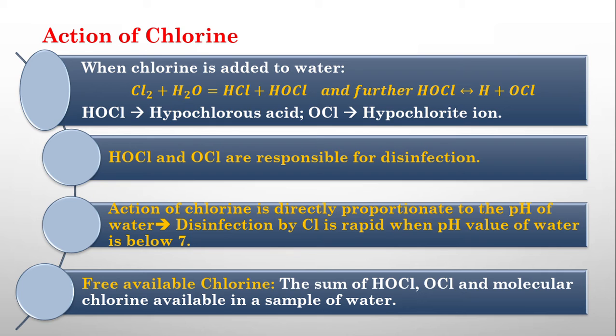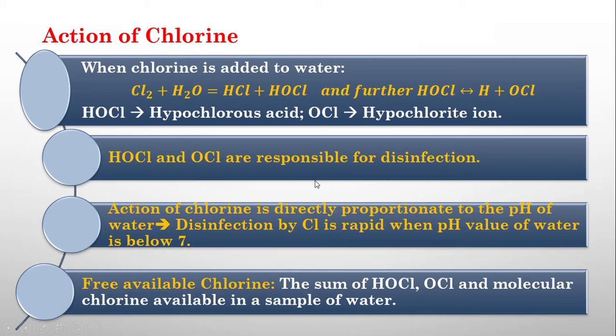This hypochlorous acid will be converted to hydrogen plus OCl, that is hypochlorite ion. So HOCl will be reversibly converted to H plus OCl minus, hypochlorite ion. So this hypochlorite ion and hypochlorous acid both are responsible for disinfection. Both have the ability to destroy microorganisms.